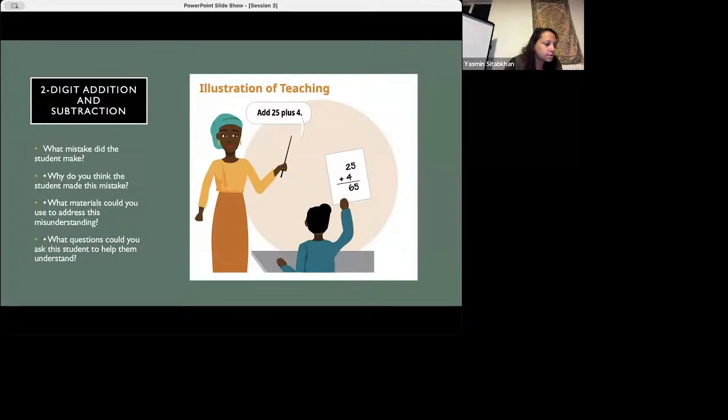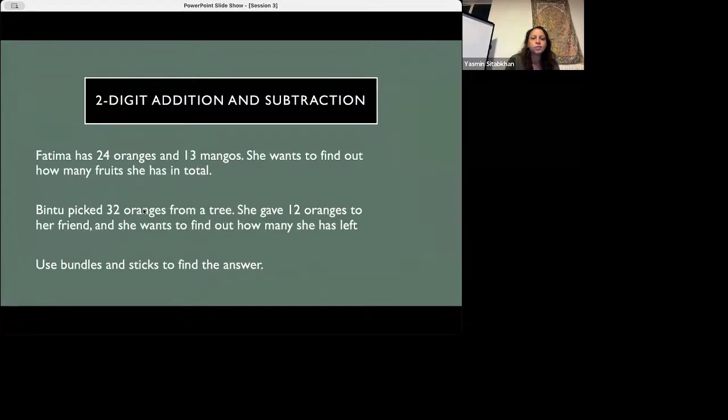Let us go to this activity. So, what I would like you to do. Yep, the place value chart. Great. Here is a word problem. Fatima has 24 oranges and 13 mangoes. She wants to find out how many fruits she has in total.